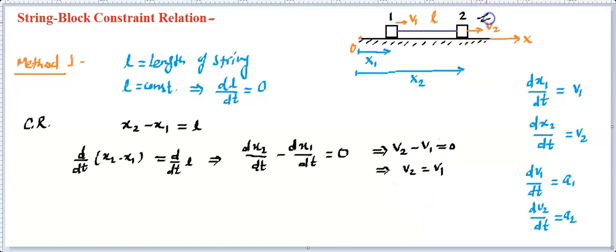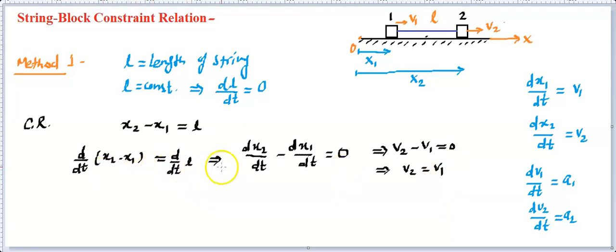If you pull this block with a certain velocity and this length is not increasing or changing, then this will be moving with the same velocity as this one. That can also be thought of practically, but this is how it comes mathematically.